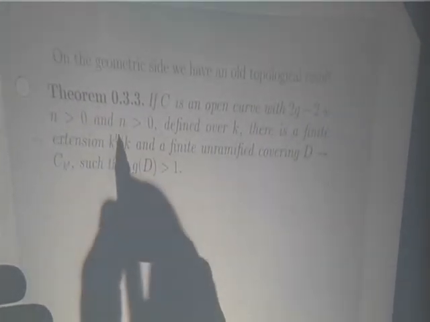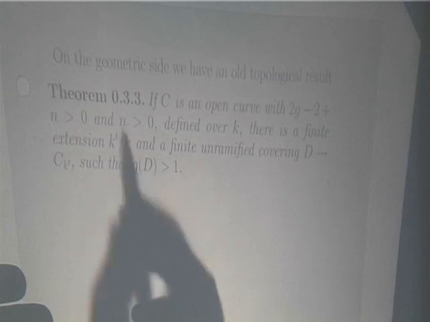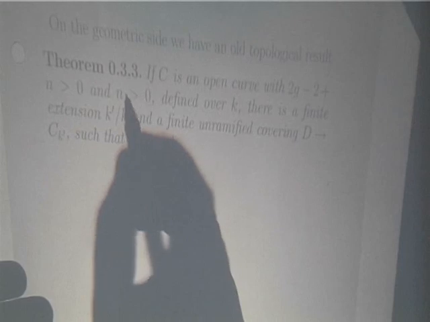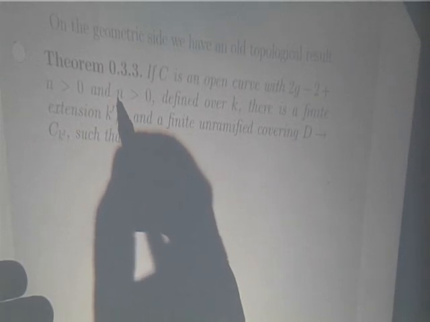If C is an open curve with 2g minus 2 plus n bigger than 0, defined over a number field... actually, I don't need n bigger than 0 for this.